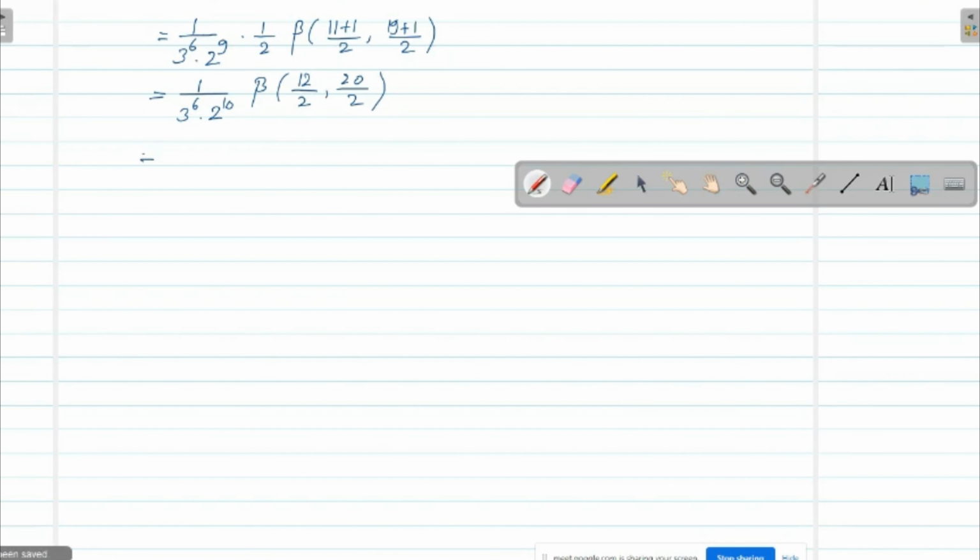Okay, this equals 1 upon 3 raised to 6 into 2 raised to 10 beta of 6 and 10. Correct? Now apply the relation between beta and gamma function. So 1 upon 3 raised to 6 into 2 raised to 10, this is gamma of 6 into gamma of 10 divided by gamma of 6 plus 10.